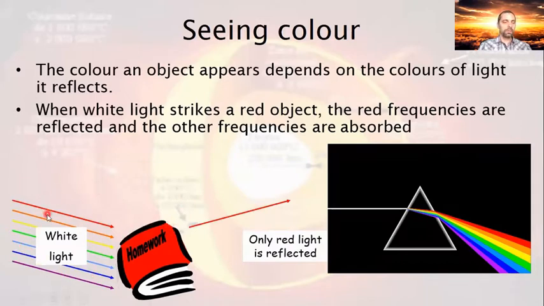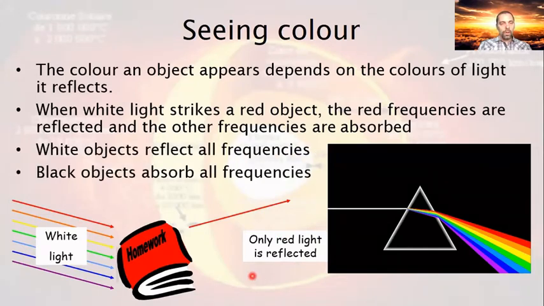All the 7 colors are incoming, 6 of them absorbing, and only the red light is reflected. The white object reflects all the frequencies, and black objects, like a black hole, absorb all frequencies.